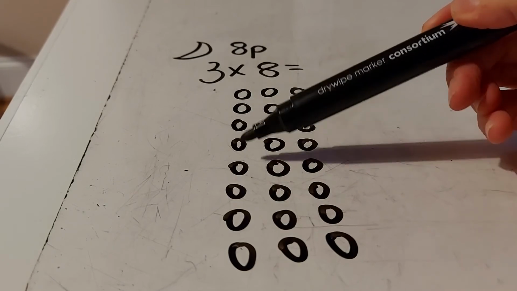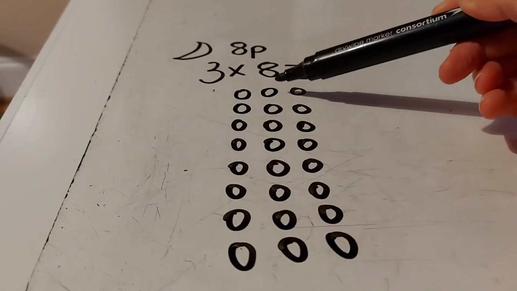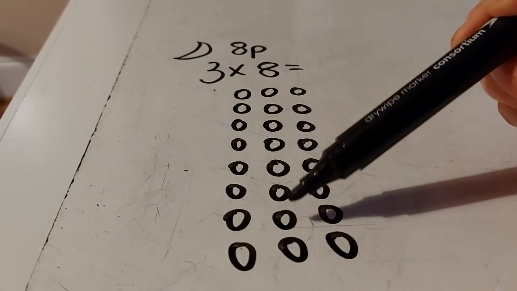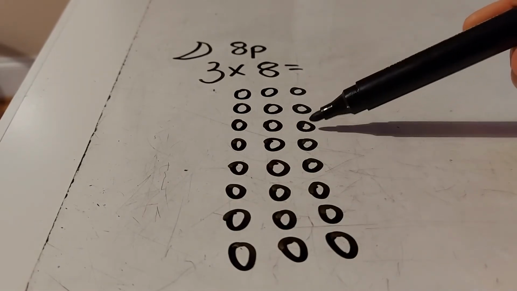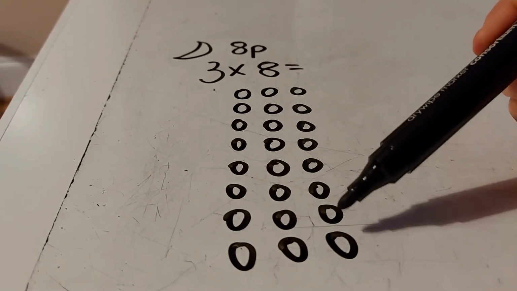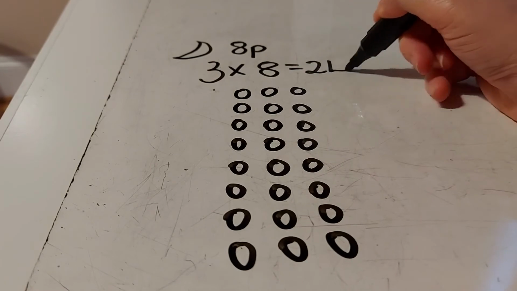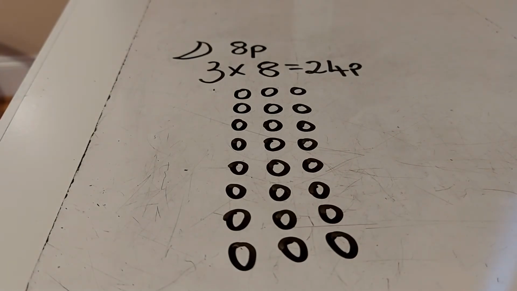1, 2, 3, 4, 5, 6, 7, 8, 9, 10, 11, 12, 13, 14, 15, 16, 17, 18, 19, 20, 21, 22, 23, 24. By coincidence, the same answer as 6 times 4. So 3 bananas at 8 pence each would cost 24 pence.